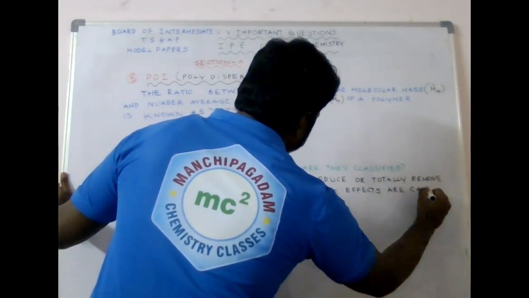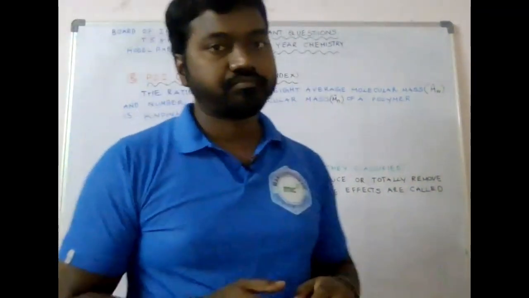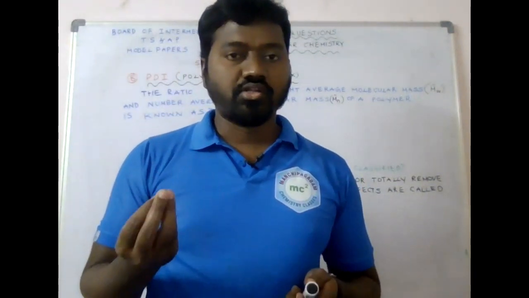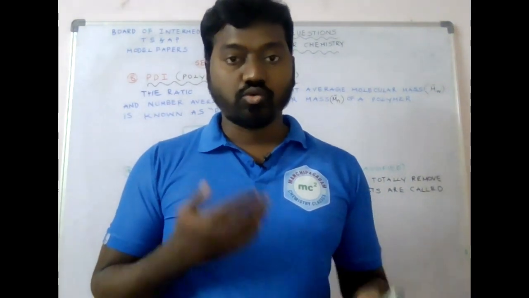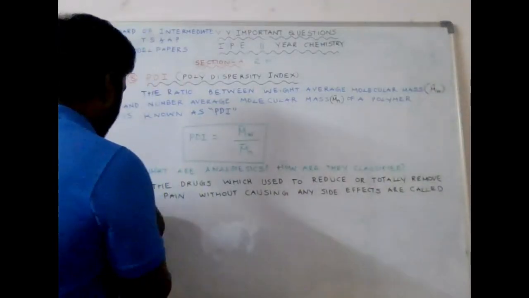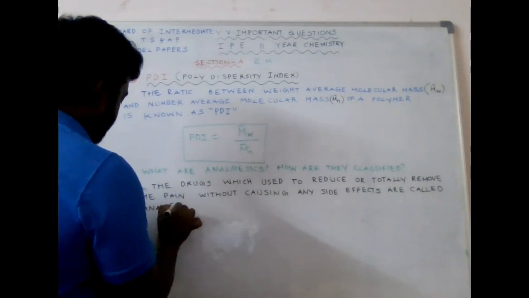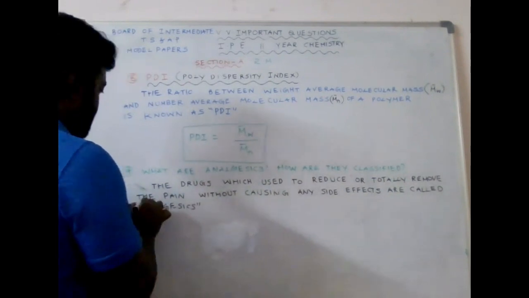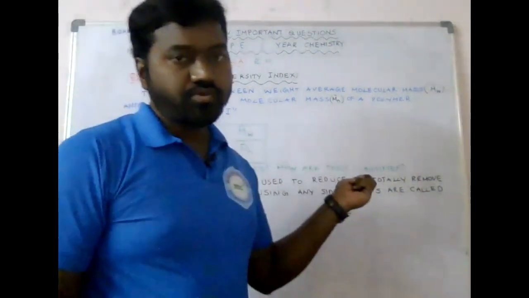Side effects means, whenever we use some drugs we may get mental confusion, some disturbance in the nervous system, drowsiness, like that. So if side effects are not there, they are called analgesics. He didn't ask for any example, that is why no need to write.